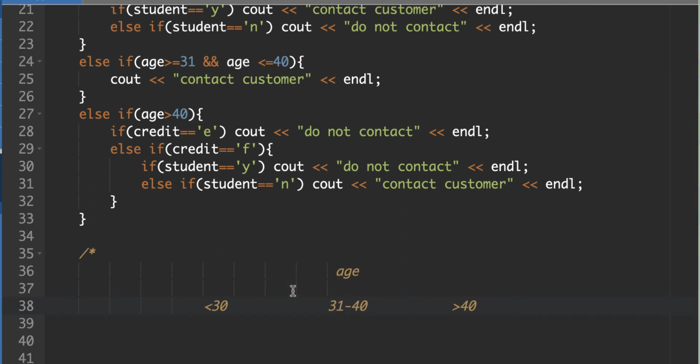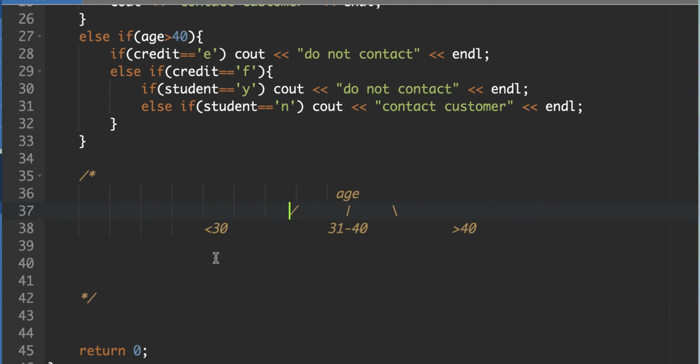So this is how the tree would work. I guess if I'm drawing in branches, it might look kind of like this, although not really. So those would be the three branches going in these directions.